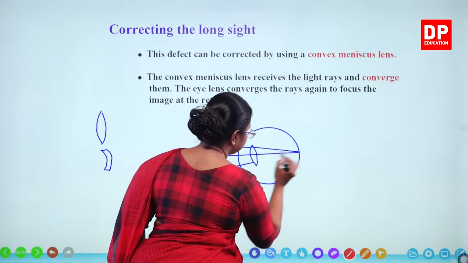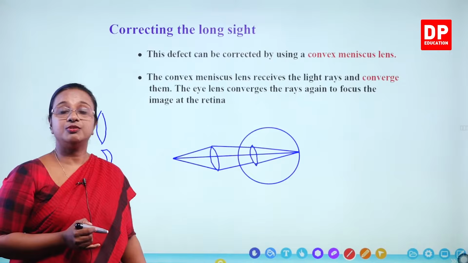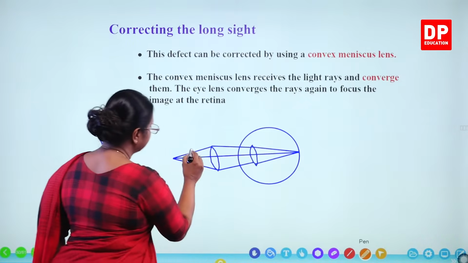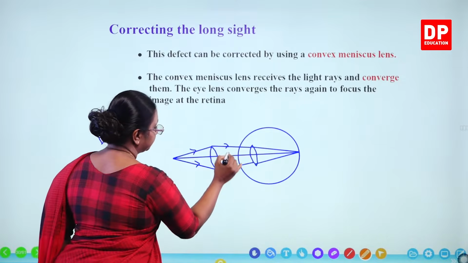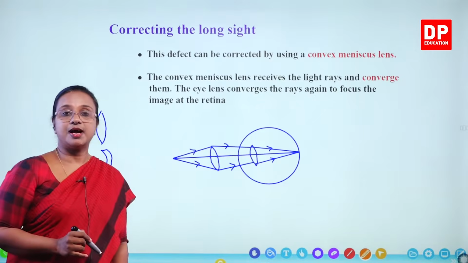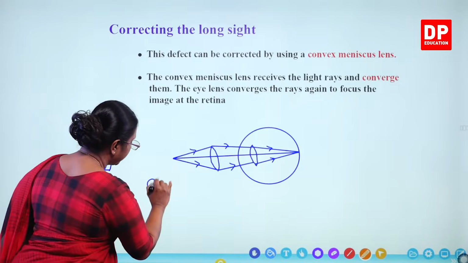Again this lens, the lens inside our eye, will converge it onto the retina. So because of that, we can see the image clearly. Is that clear to you all now? So we have the object, that is the close object.